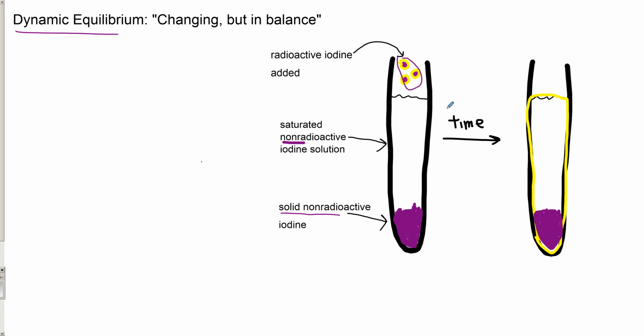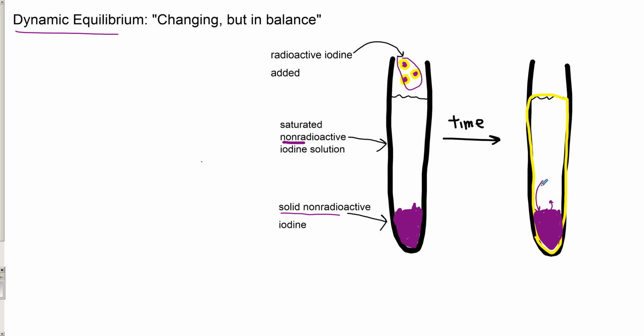The only way that could happen is if some of the radioactive iodine was dissolving at the same time that some of the iodine already in the solution was crystallizing. So it's like for every one molecule of I2 that dissolves, one molecule of I2 from the solution crystallizes.